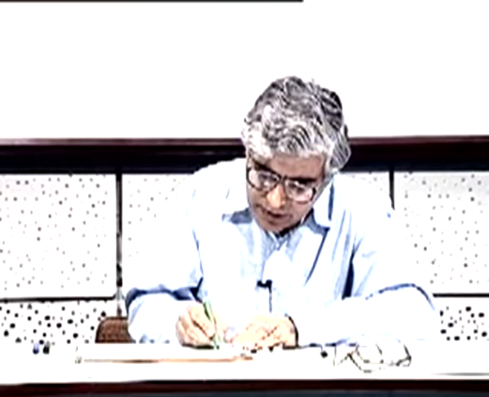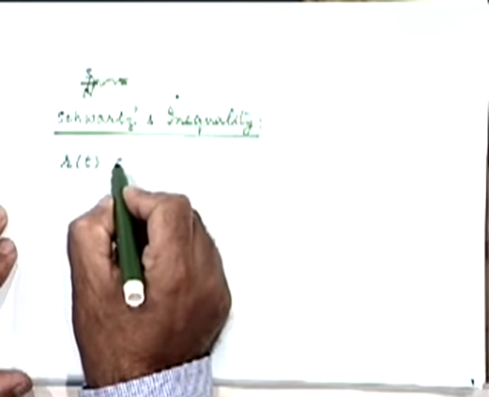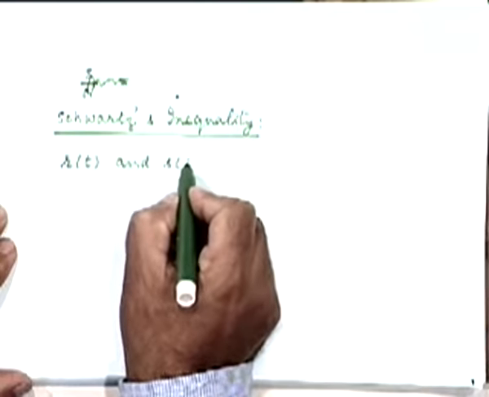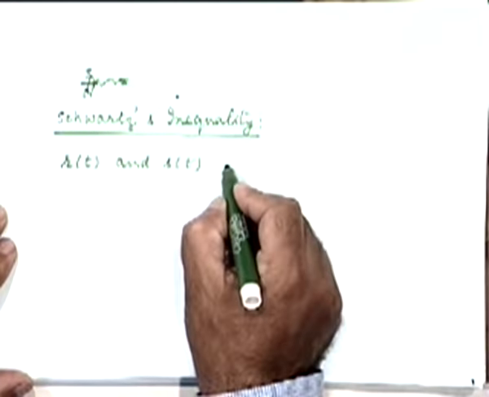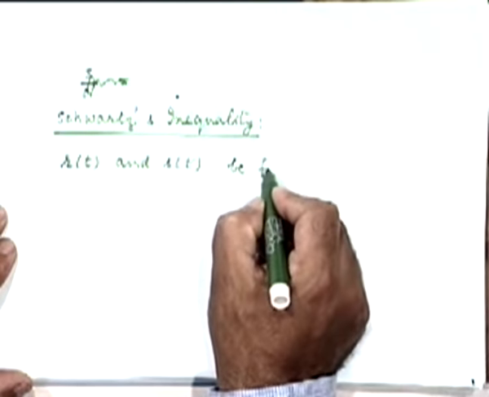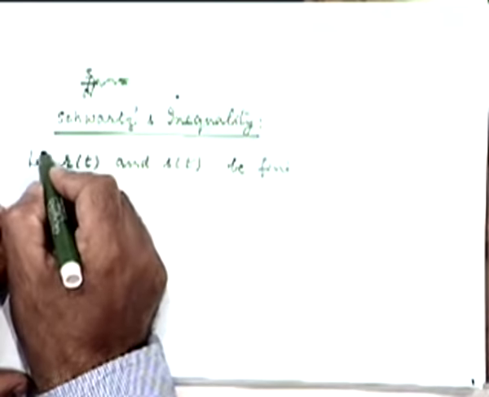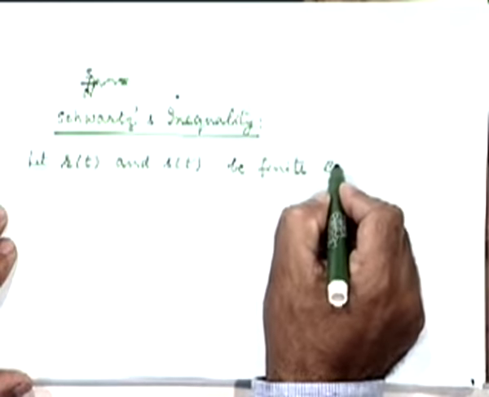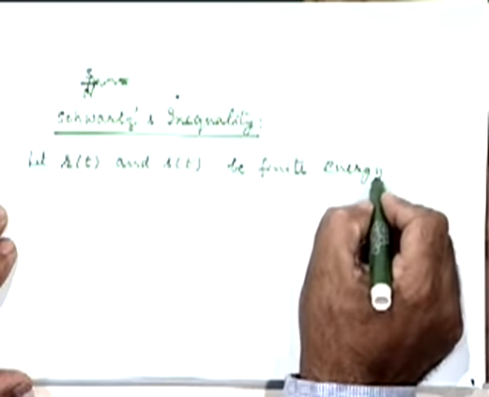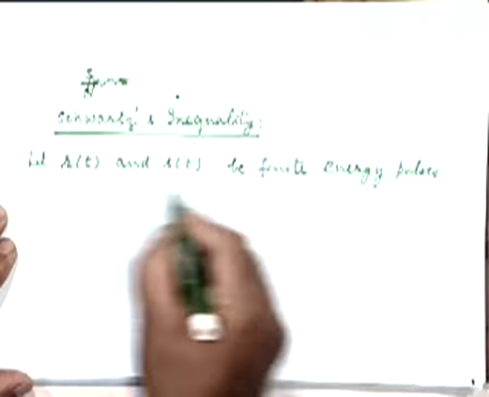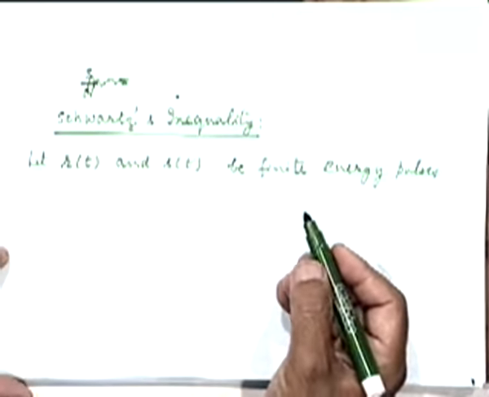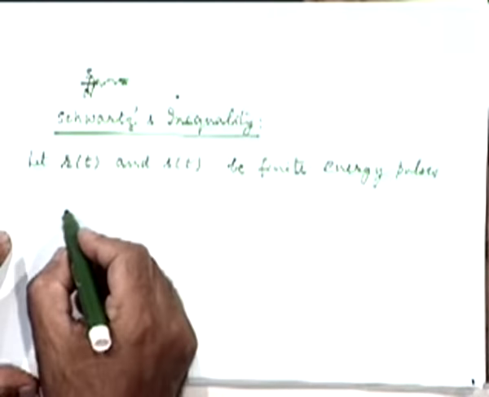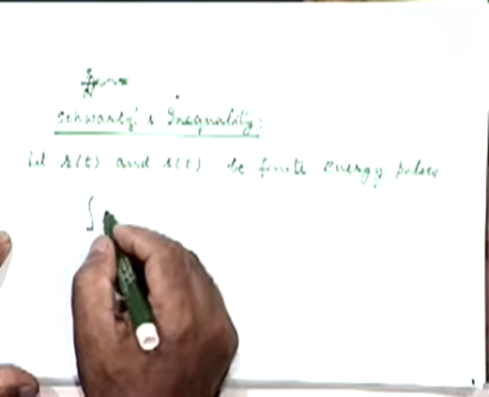This result is as follows. Suppose we have RT. So let RT and ST be our finite energy pulses. They may be complex signals. Both RT and ST may be in general complex. They may be real valued or complex valued. Then this result holds.